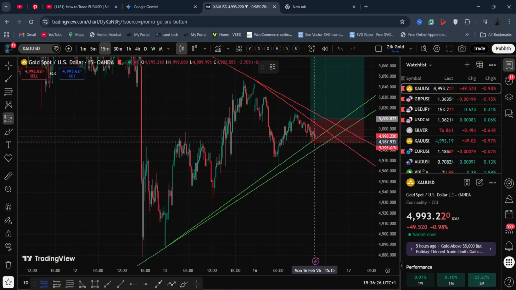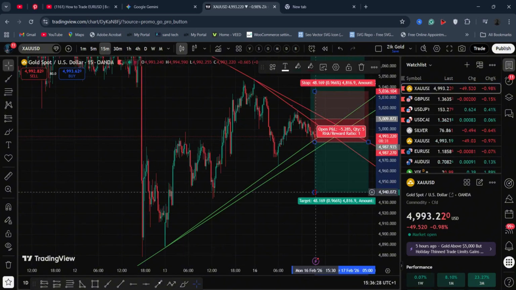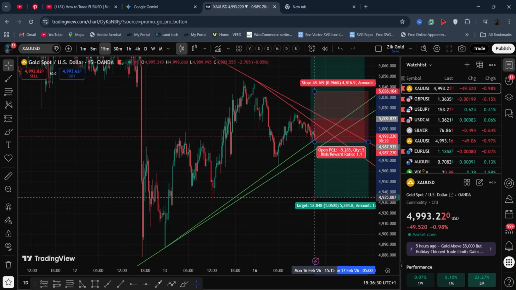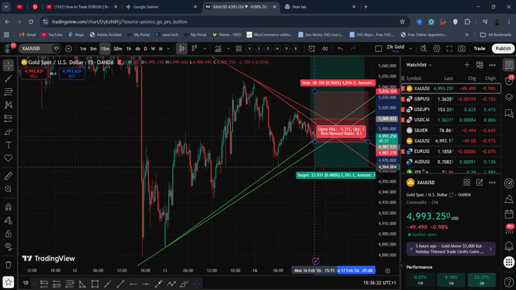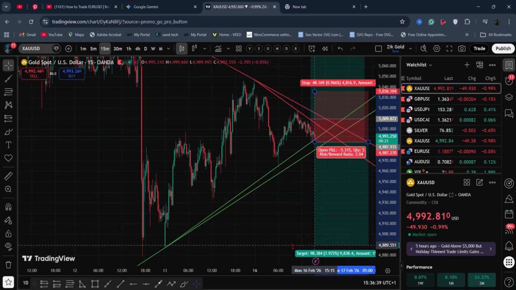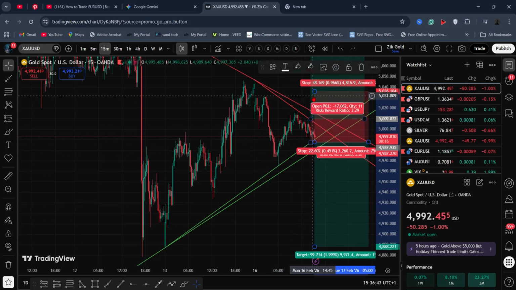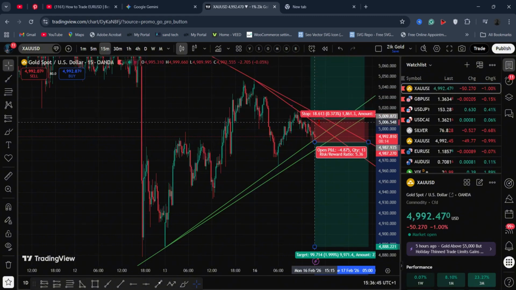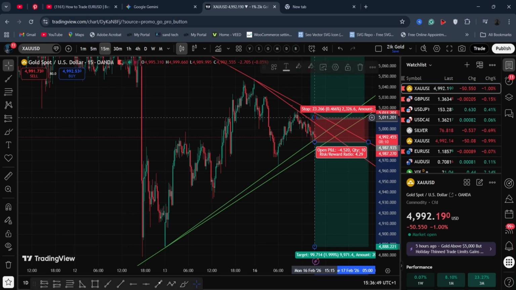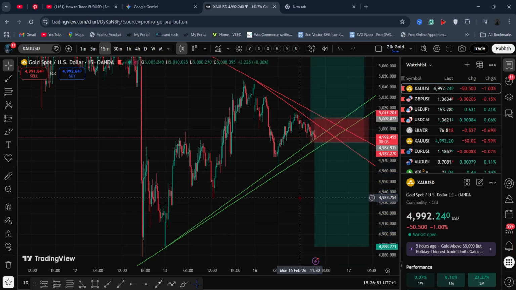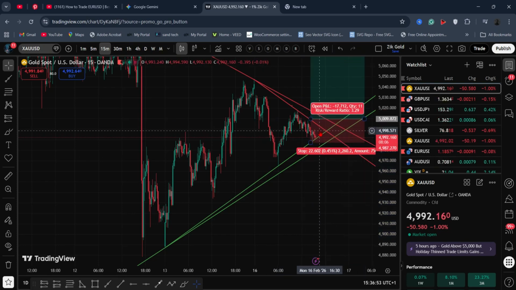Once price breaks above this point, you set your take profit to the nearest support zone. If you open like 3 positions, this can be your first take profit, then this will be your second take profit, then this will be your third take profit. Same applies to the upward one. Then your stop loss will be outside the bearish trend line. You understand? So this is how the strategy works.